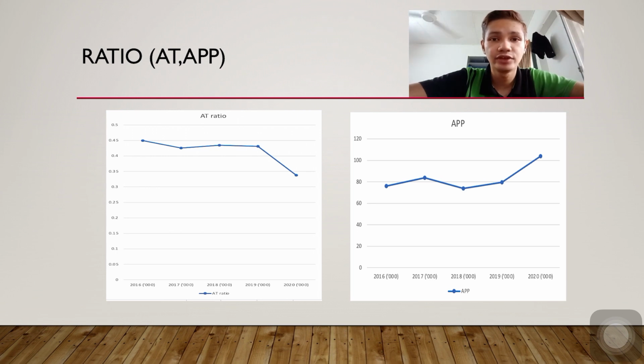In the efficiency ratio, there are sub-ratios that need to be explained, which is asset turnover ratio. The function of asset turnover ratio is to determine how well a company uses its assets to generate revenue. The formula for this ratio is net sales over average total assets.